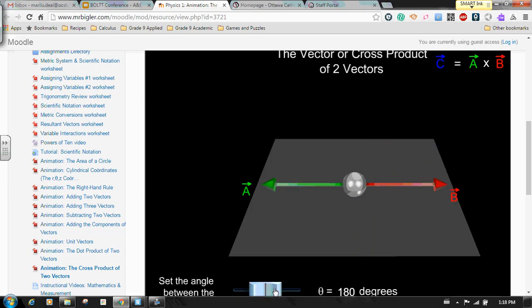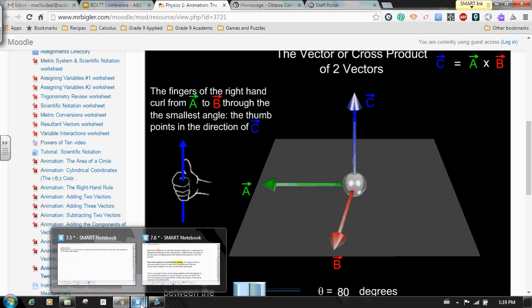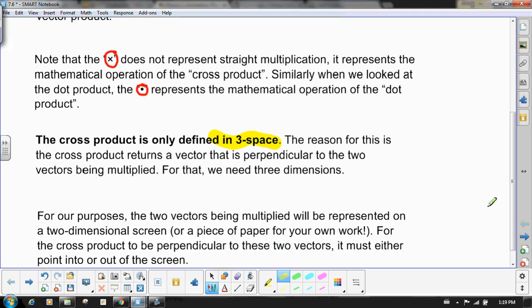Now if I keep sliding, I'm back to 180. Then I go here, and you'll notice the vector is growing upwards. So that vector C is perpendicular to both A and B at the same time. Anytime you're finding the cross product, that is your ultimate goal.